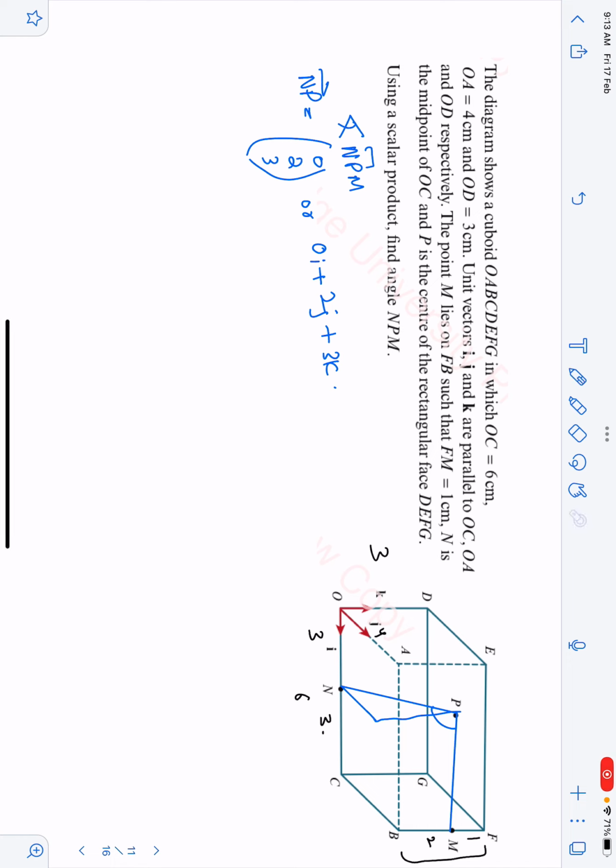Now I have to find out MP. If you start from M and you go on to P, you can go up 1 unit, which is 1k, then you go halfway through this, that means negative 3i. Okay, so I can write it down here.